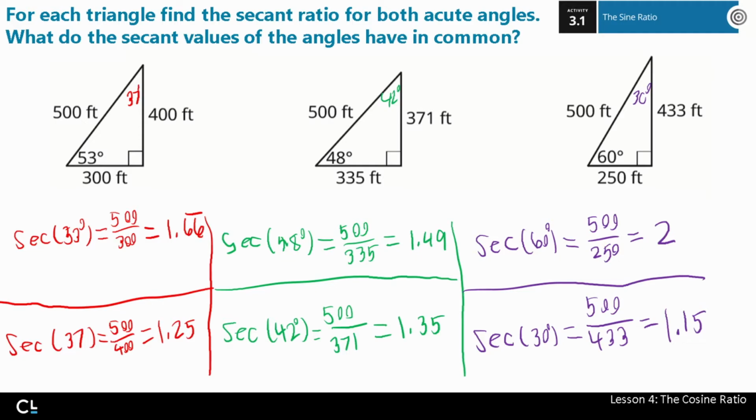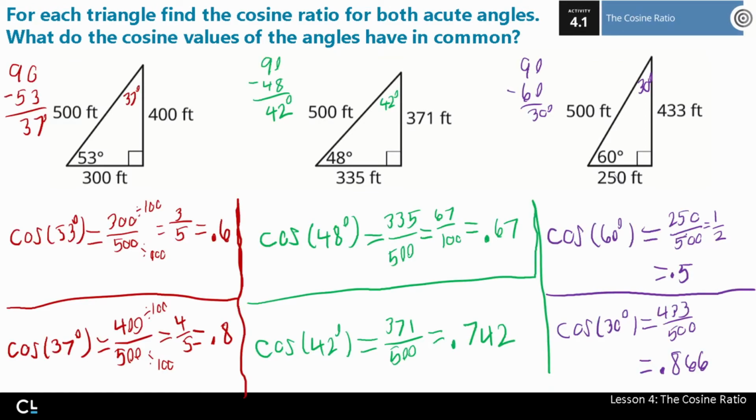So with your sine and cosine, the closer the number gets to 90, right? Actually, sorry. In our sine function, the closer the number gets to 90, the closer it gets to 1. In our cosine function, the closer the number gets to 90, the closer the cosine ratio gets to 0, right?